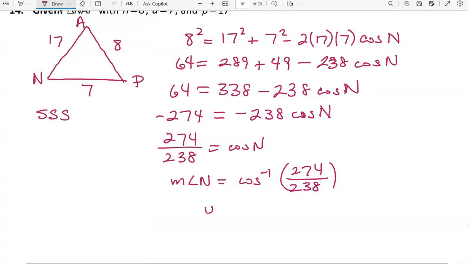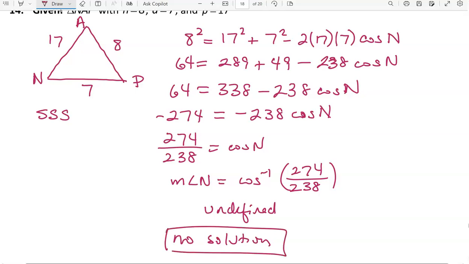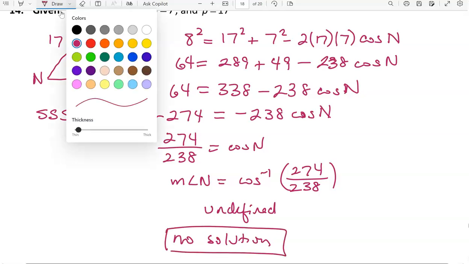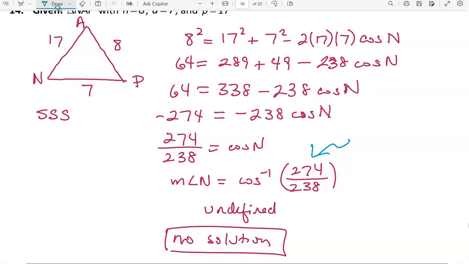So we get an undefined result, and so what does that mean? This triangle is not possible, so there is no solution to this triangle. What we'll notice is that cosine was a larger value over a smaller value, which can never be possible because the adjacent leg of a right triangle must always be smaller than the hypotenuse.